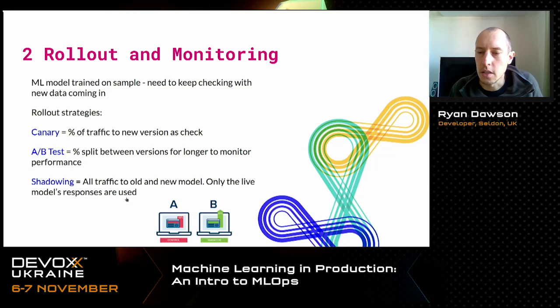That's the canary strategy. With canaries, you split traffic between the live version of your model and a new version that you're evaluating. But typically with a canary, you just have one new model, and you evaluate over a shorter period of time than with the A/B test. It's more of a sanity check than an in-depth evaluation, and you just promote if everything looks okay.